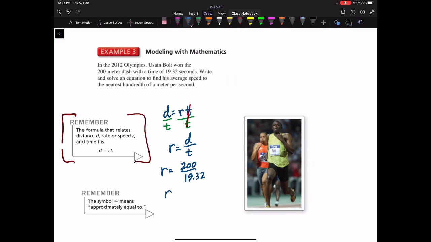And when we do that division, we get approximately, we want to remember this also, that little wavy equal sign represents approximate, because we're going to have to round this. And if we do this in our calculator, we get 10.35 approximately. And that is meters per second.